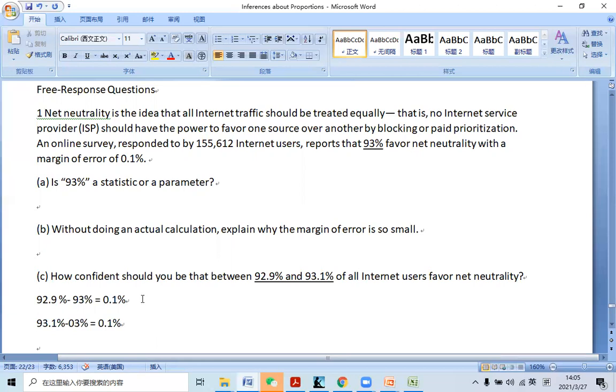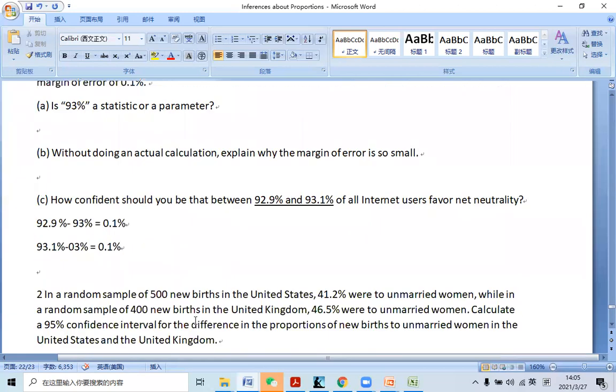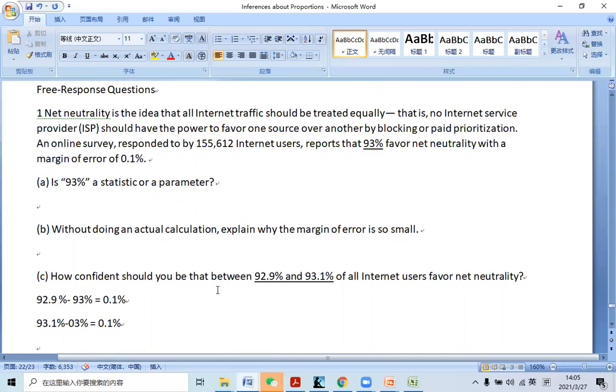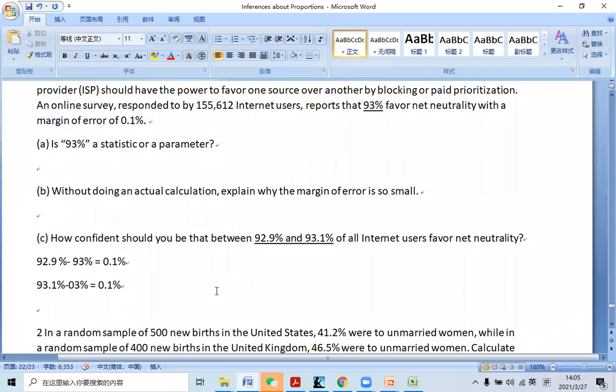So the margin of error is 0.1%. And how would you figure out the confidence level? For the confidence level, you need the z-score. How do you get the z-score?